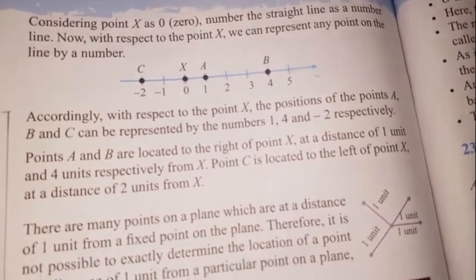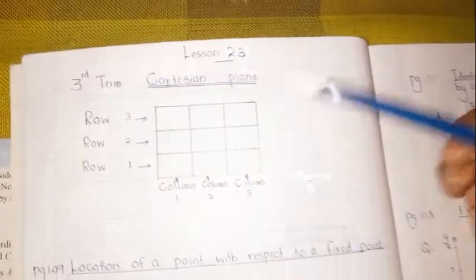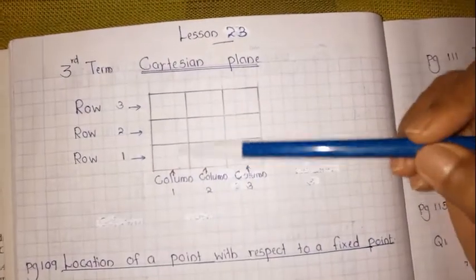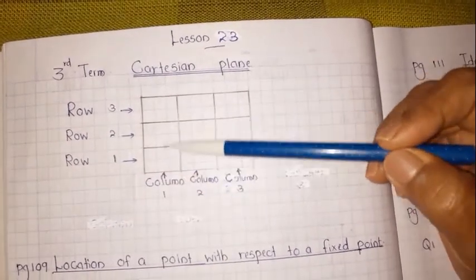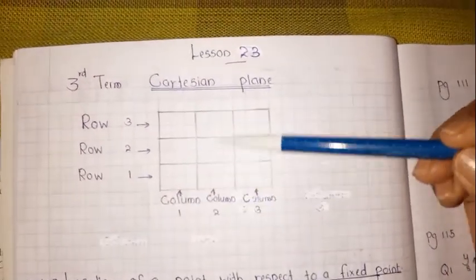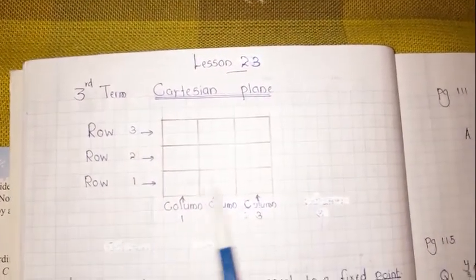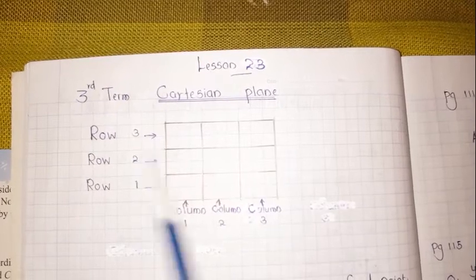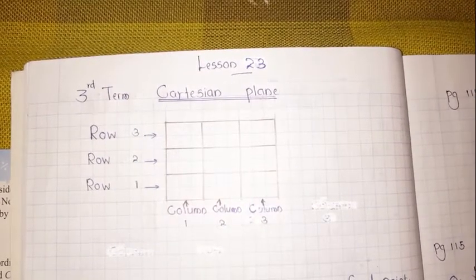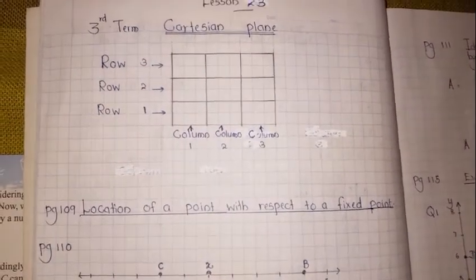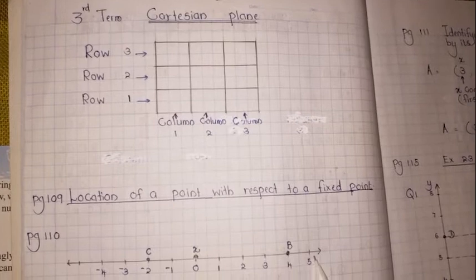Right, now I am going to show you an example. Now I have drawn a diagram. This is the column: first column, second column, third column. And these are the rows: first row, second row and third row. Now, can you see I have drawn a number line?